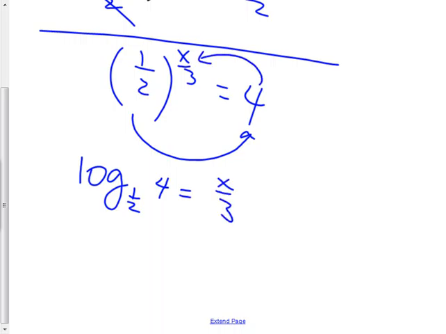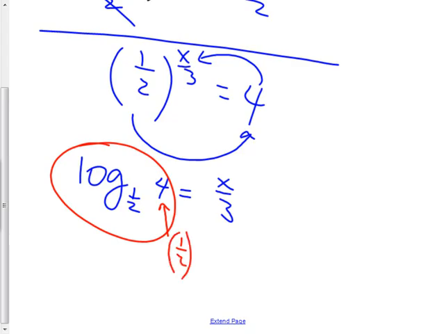And then this part, if this had only used a base of 1/2, I could just get the answer in my head. But if you're extra smart, you could figure out that 4 could be written as 1/2 to the something. What could that be? 1/2 to the what?